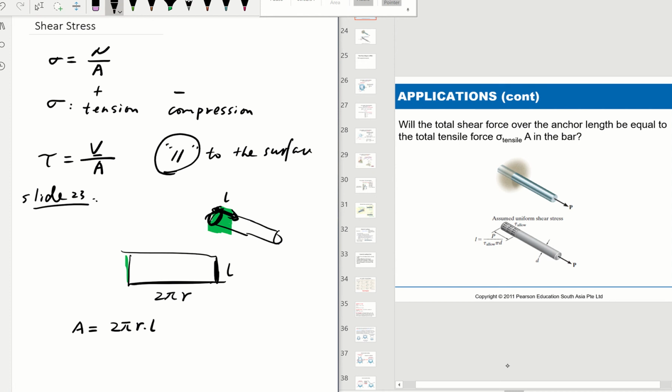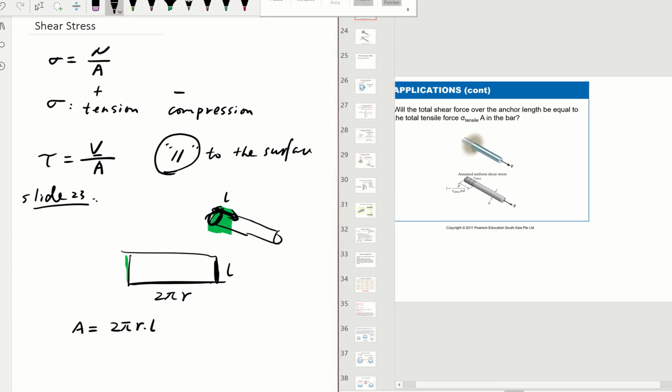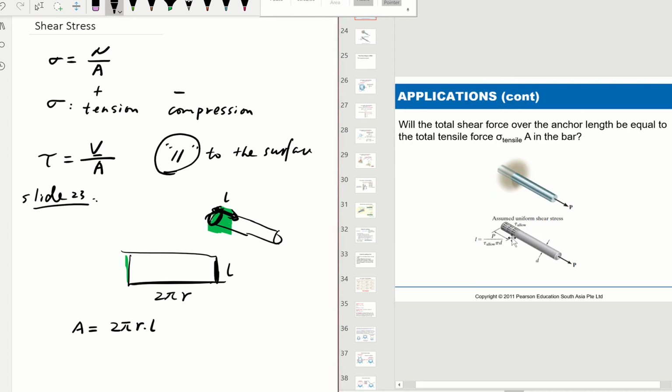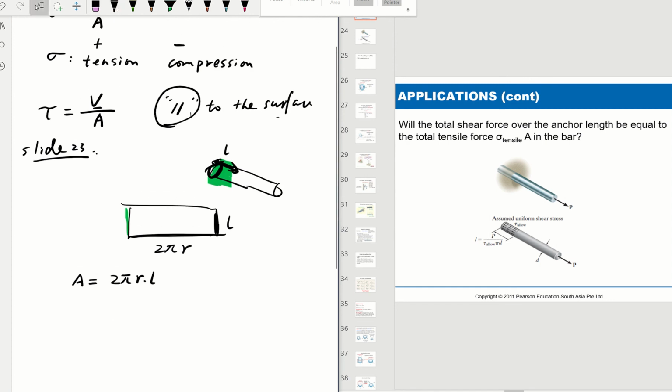In other words, if you look at this point in the PowerPoint, all those forces are three-dimensionally surrounding the outside of this curved cylinder, which means parallel to the surface. Then we're going to use our formula tau is equal to V over A.